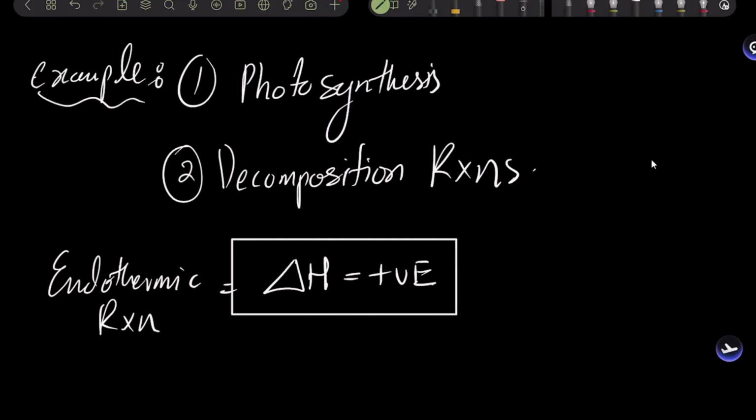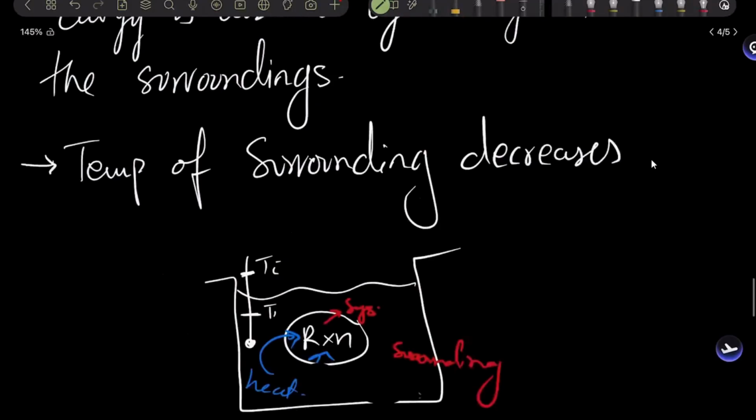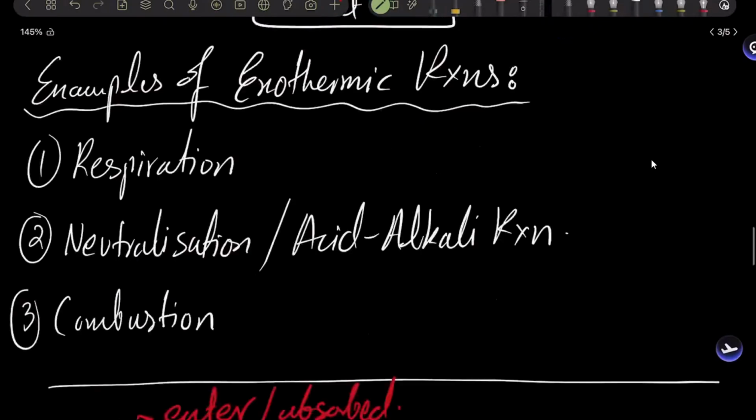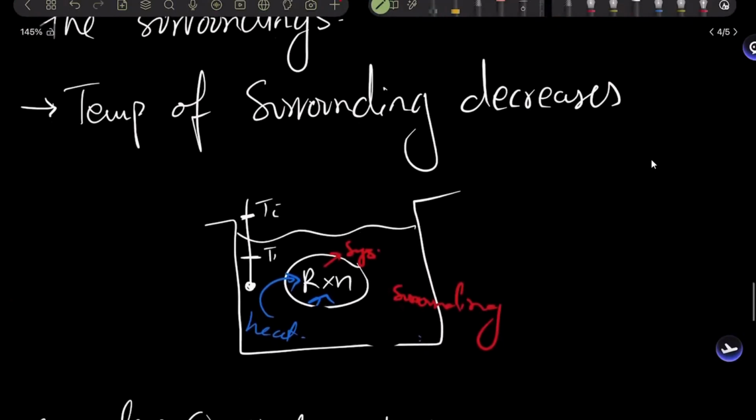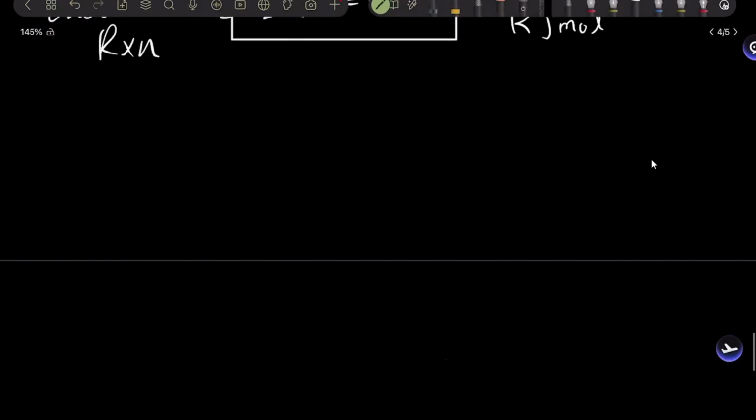Clear? And what would be the unit? Since it is an energy change, the SI unit would always be kilojoules per mole of that substance. Okay. Clear? So this was about exothermic reactions and endothermic reactions. Now we need to know their energy pathway diagrams or progress of reaction diagrams.